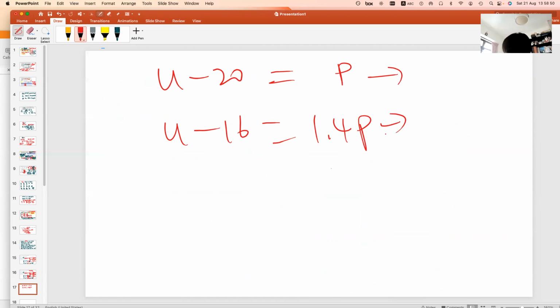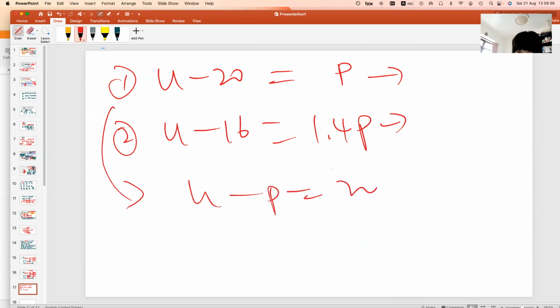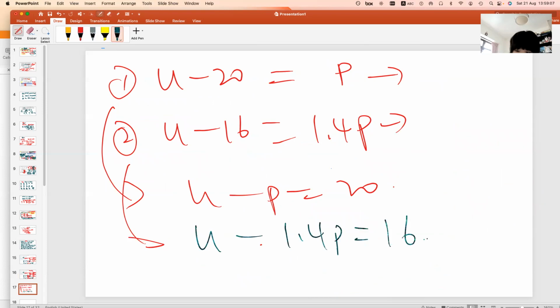You could have used your calculator. Why? Because this is 1, this is 2. So let's say your 1 changes to U minus P equals 20. So you can change to U minus 1.4 P equals 16. You could have used your calculator. So how do you key in to your calculator?